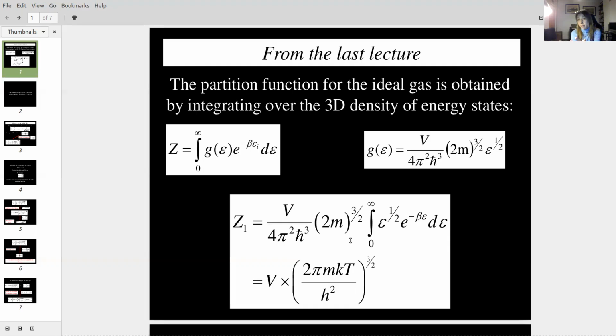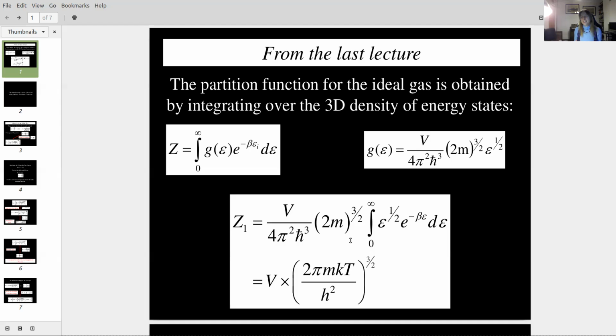No worries, just leave it. But for this lecture, these are things that we're going to be using all the time. You already saw me do this for the paramagnet. Now we're going to do it for an ideal gas, and we're going to do a similar thing again later on for a quantum oscillator.